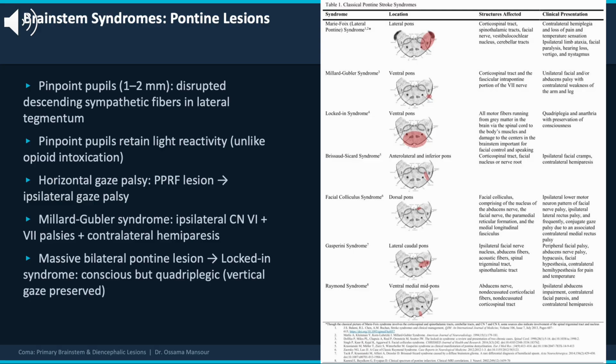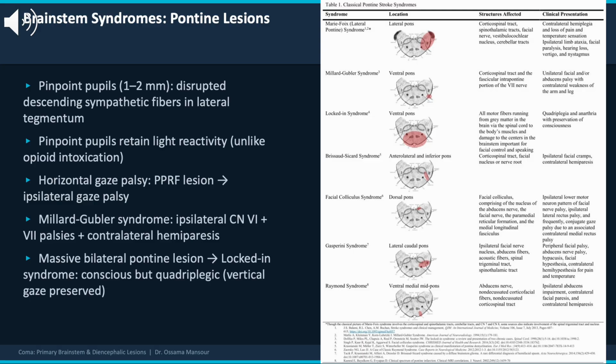Despite their tiny size, these pinpoint pupils retain their reactivity to light, which is an important distinguishing feature from the fixed pupils of opioid intoxication, where pupils are also pinpoint but may be less reactive.